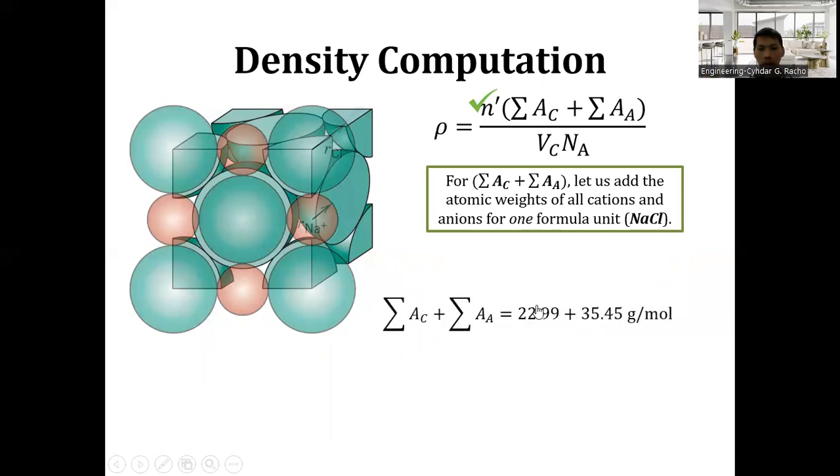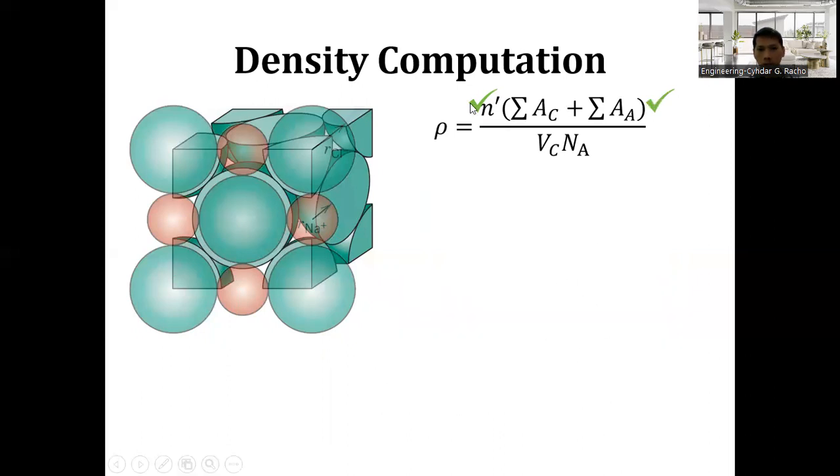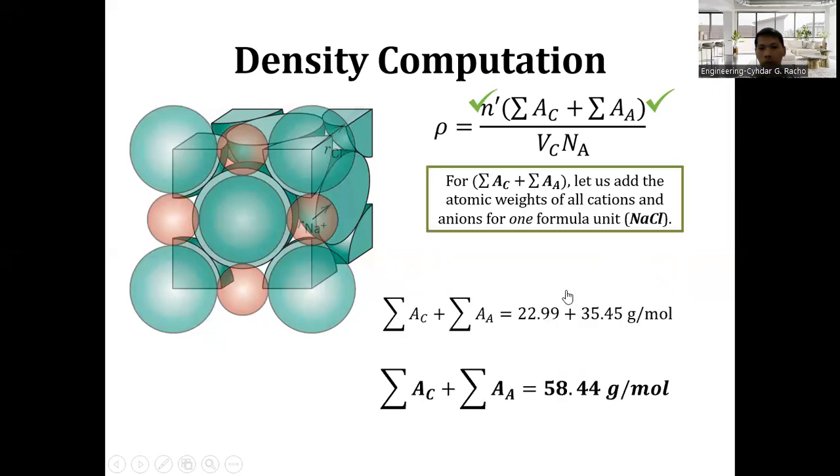We are already given the atomic weight of sodium as well as chloride: 22.99 for sodium and 35.45 for chloride. Therefore, you have 58.44 grams per mole. So check for this one, which we have already identified, 58.44.